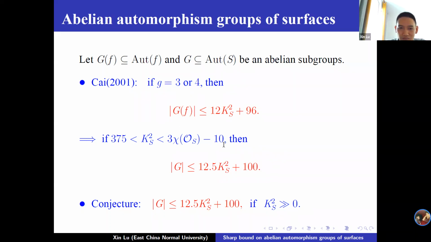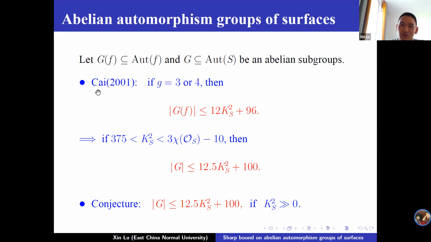Here, the reason is that when the invariants of S satisfy these inequalities, there exists a pencil on this surface S whose genus of its general fiber is equal to 2, 3, or 4.